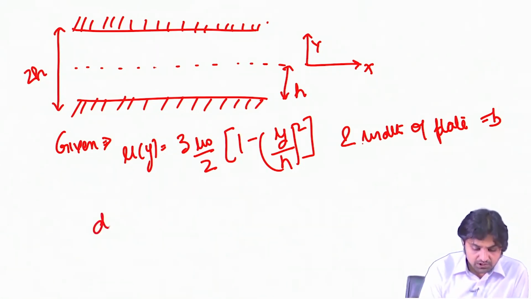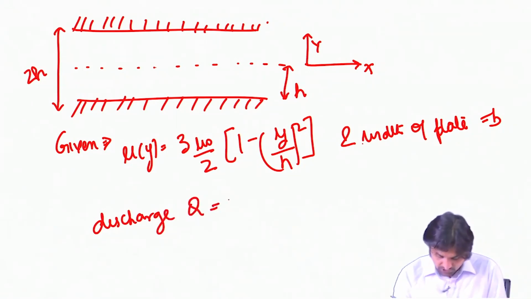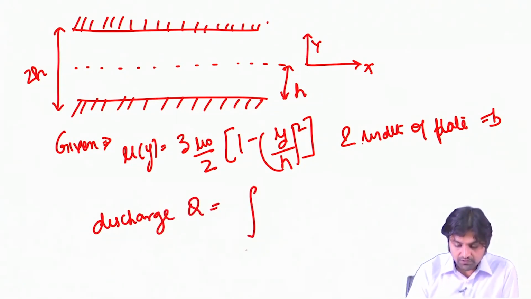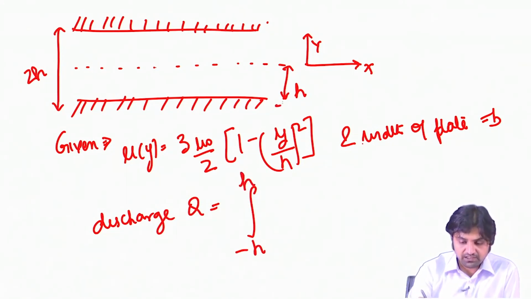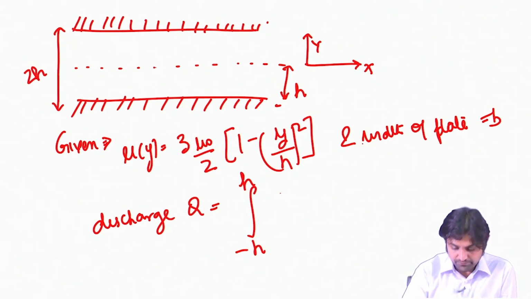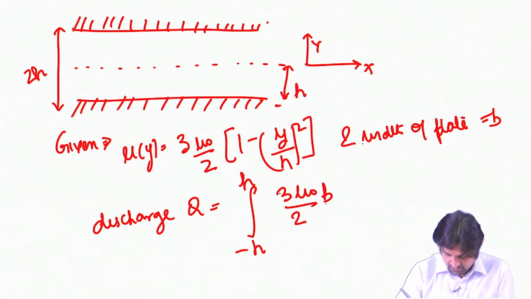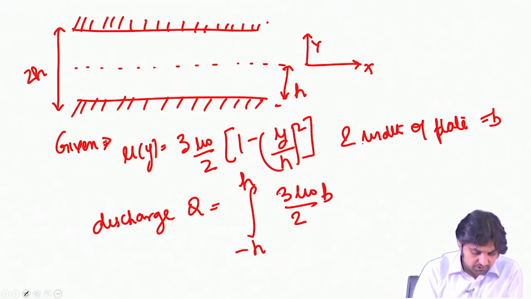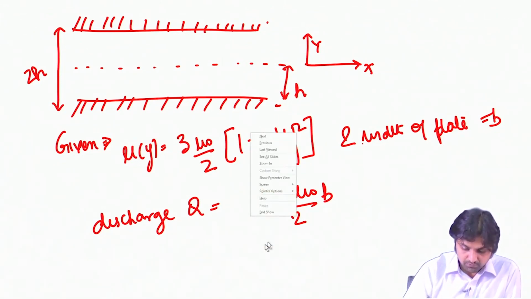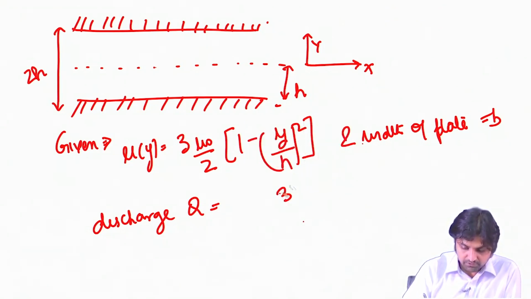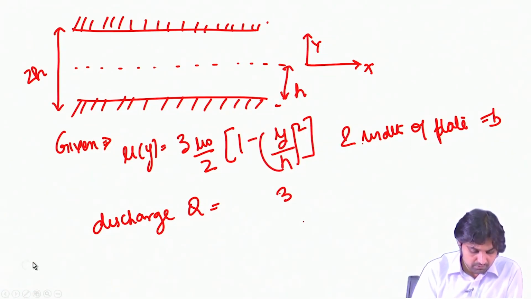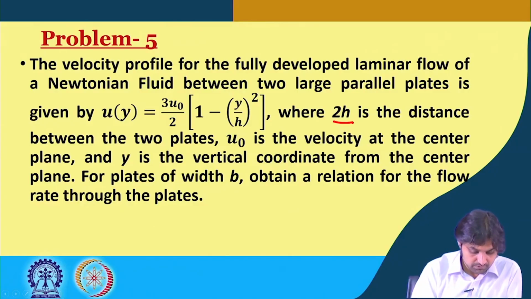So discharge q is going to be, so basically we have to integrate from minus h to h, because this is 0, then this is minus h and this is plus h. 3 u naught by 2 we will multiply, or let me first write down this formula, then we will put in the values. Okay.